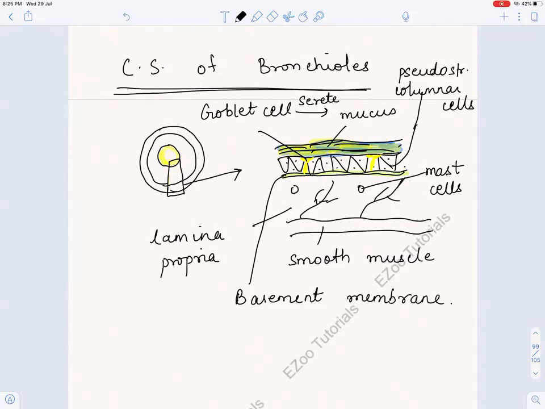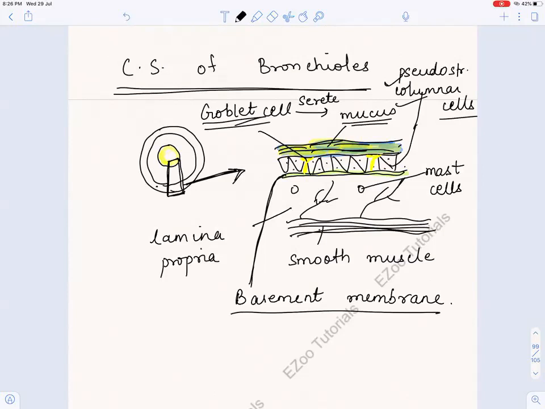We have just taken a cross section of this area. And see, there was this mucus. Who was secreting mucus? Goblet cells present in the pseudostratified columnar cells. Then there is this basement membrane. These are the smooth muscles, and these are the lamina propria with the mast cells. I think this much is clear till now.